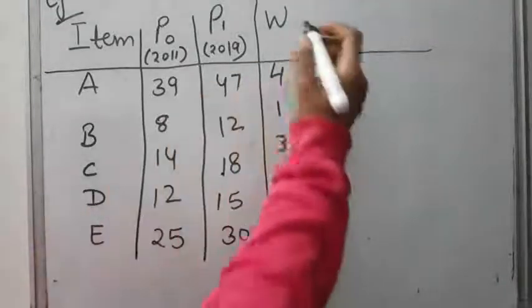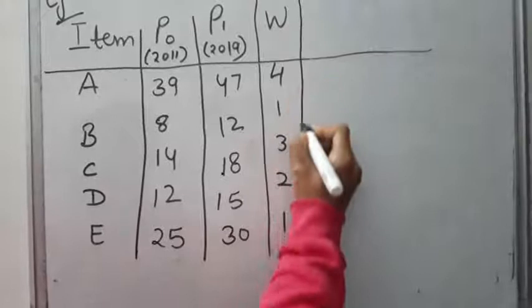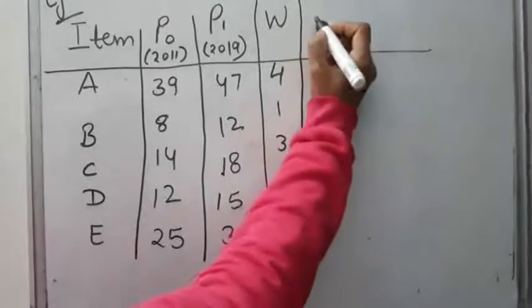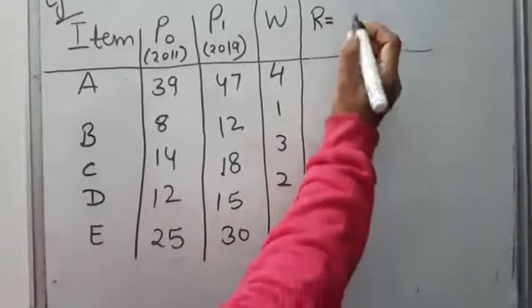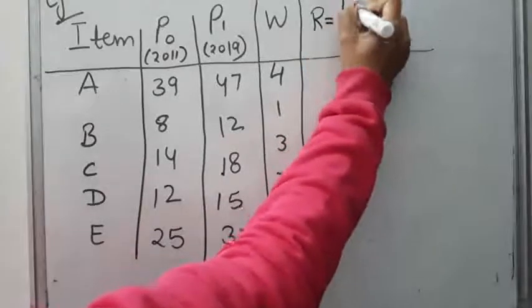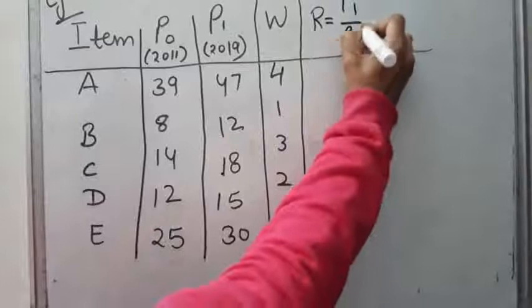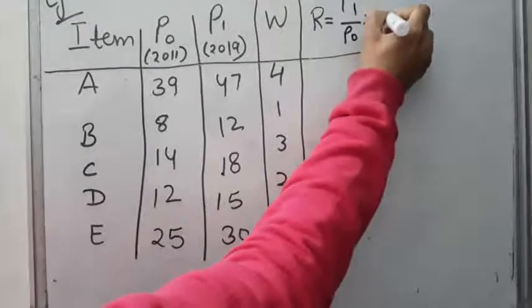First of all we will find out the relative price R, and as we all know we find R by using the formula P1 upon P0 multiplied by 100.